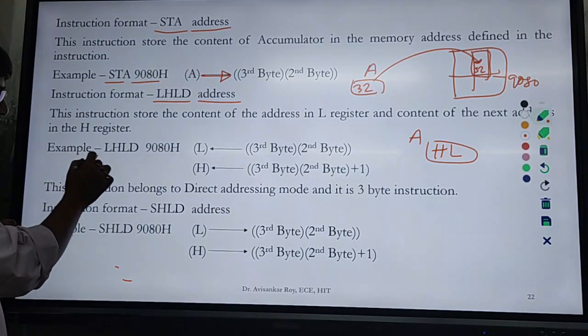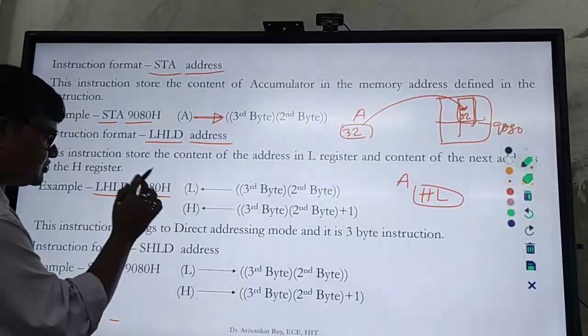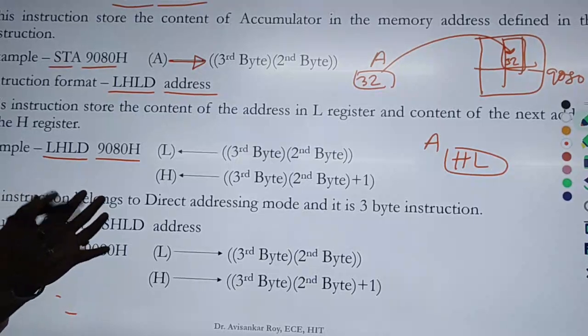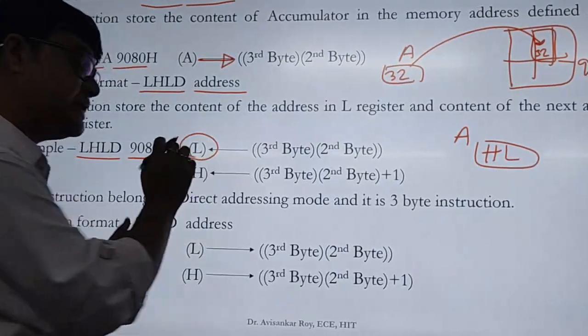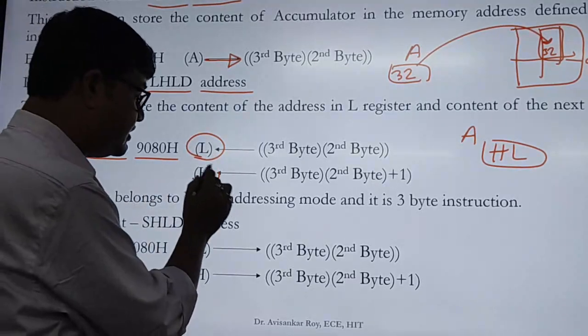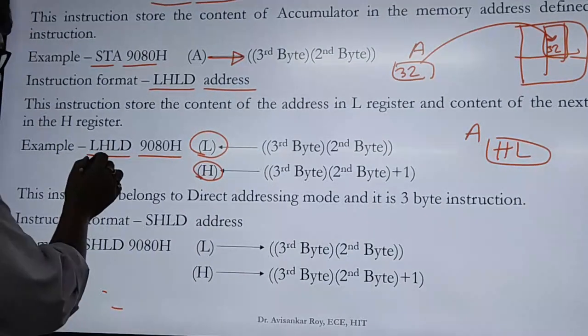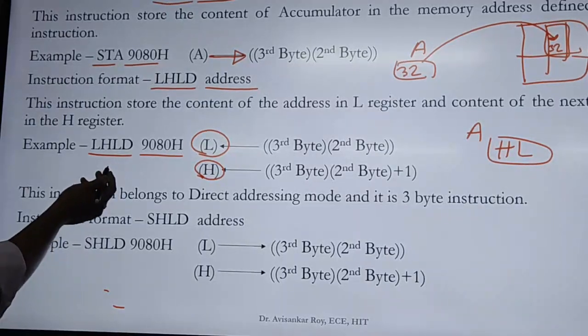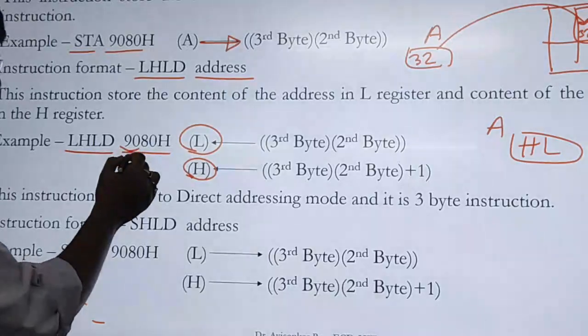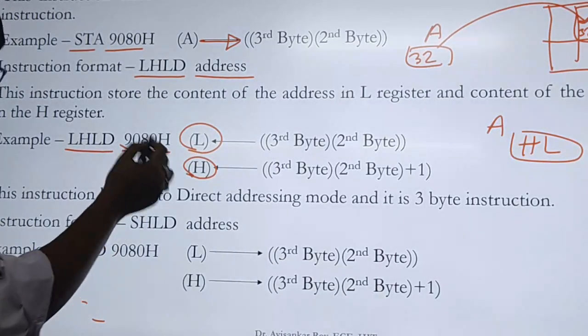Here is an example: LHLD 9080. The content stored in the 9080 memory location will transfer to the L register, and the content of the next memory location, that is 9081, will transfer to the H register. Okay. So definitely it is a 3-byte instruction, and 90 is the third byte, 80 is the second byte.